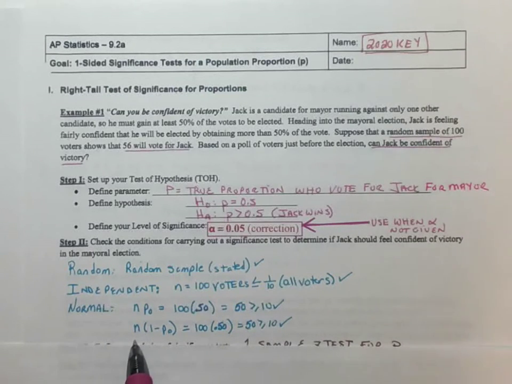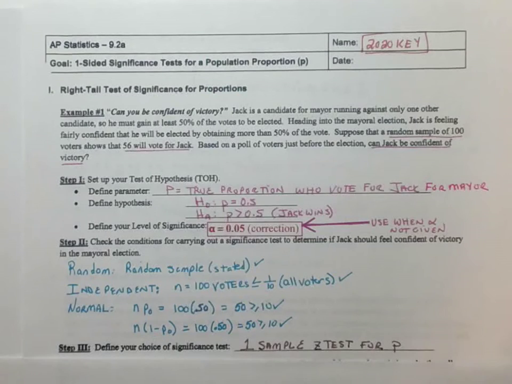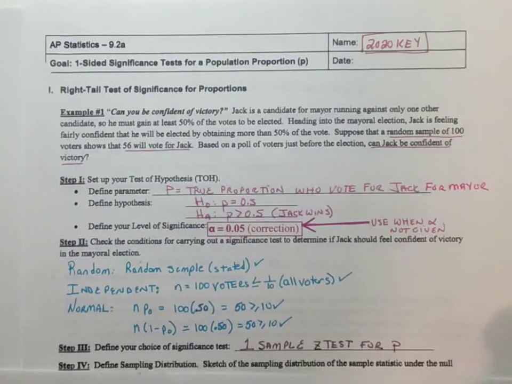You need to show both calculations. So even though they're the same, you have to show that n times 1 minus p naught is 50, greater than or equal to 10. Now, proportions are always z statistics. So this is one sample. It's a z test for p, or you can write for proportions.